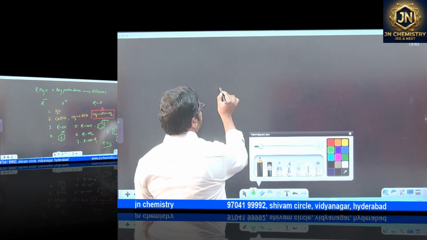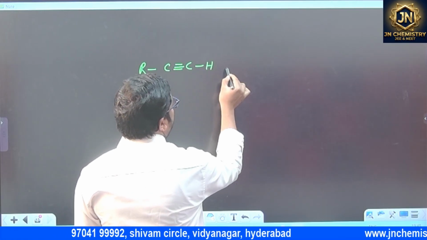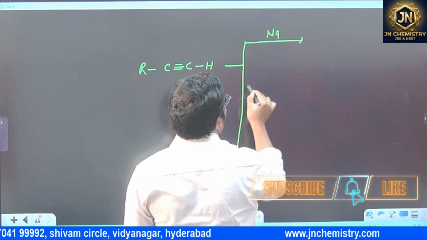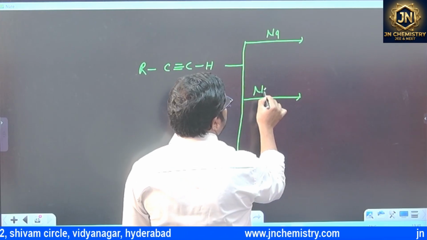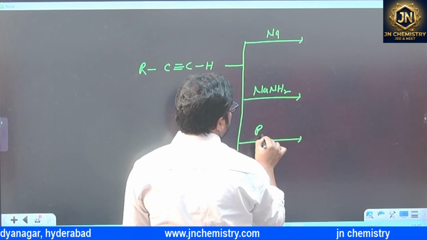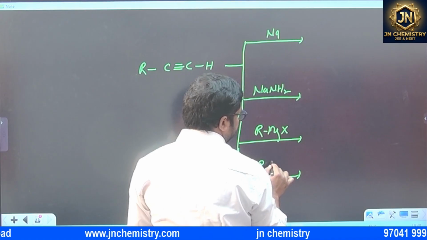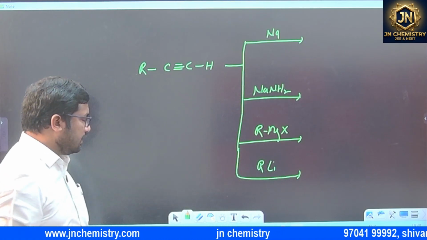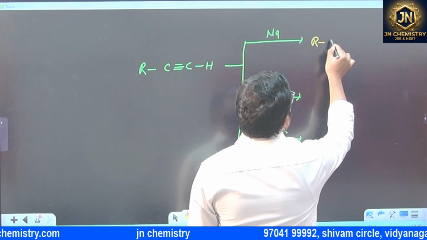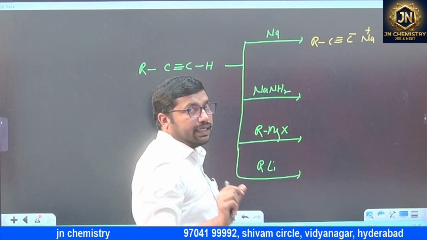Next, alkyne: when a terminal alkyne, CH3 triple bond H, is treated with sodium metal, otherwise NaNH2, otherwise we can use RMgX, otherwise we can use RLi. So what exactly happens? R C triple bond C minus Na plus, because acidic hydrogen must be present.